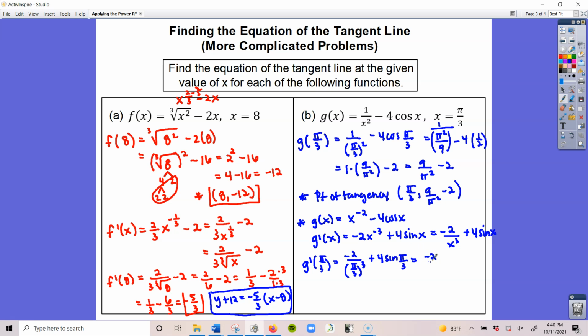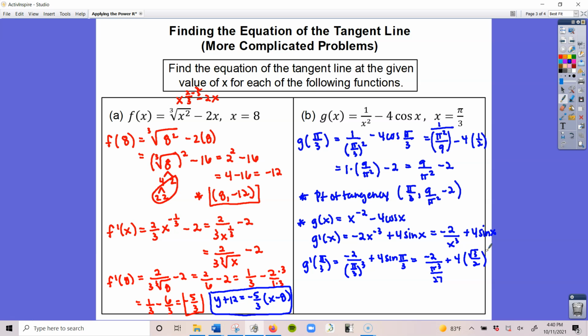This is negative 2 over, remember, apply the exponent to the numerator and the denominator, which would be pi to the third over 3 to the third, which is 3 times 3, 9, times 3, 27, plus 4. And then the sine of pi over 3 is the square root of 3 over 2.